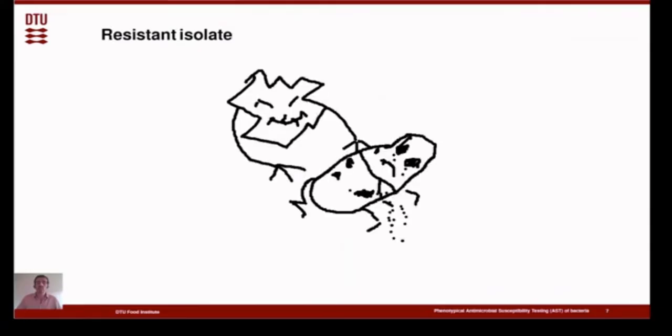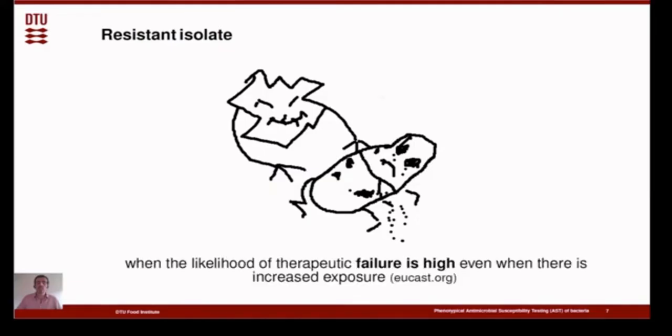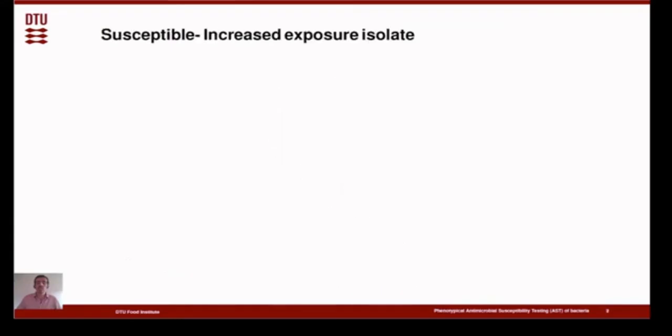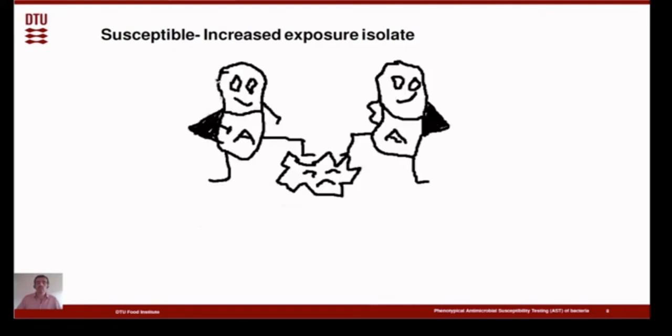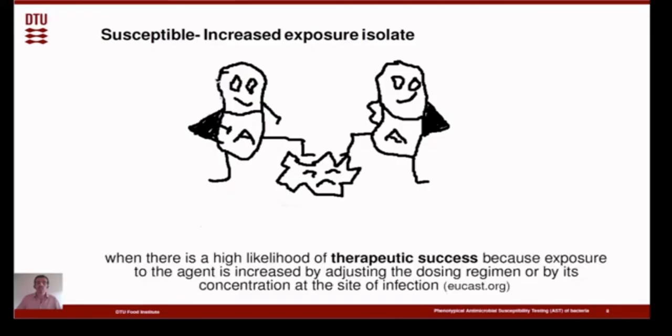In this case, the likelihood of success is very low, or there is little chance of having success using the antimicrobial. So this is bacteria you don't want to have. The last category in EUCAST is susceptible, increased exposure. This is also a susceptible isolate where, to have success, you need to increase the dose or the dosing regime. So we can say that it's a kind of intermediate isolate.